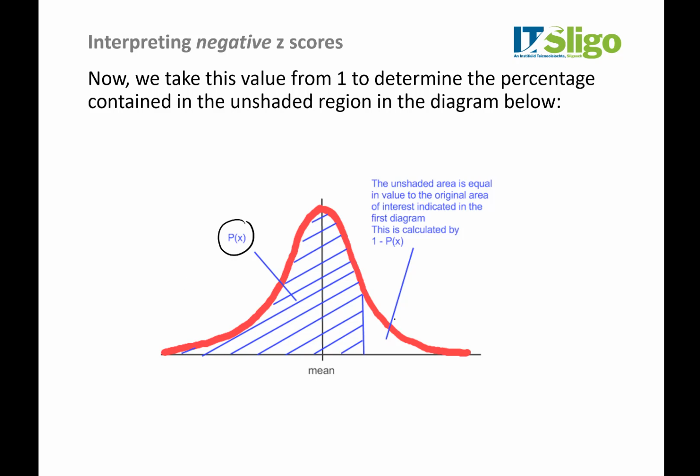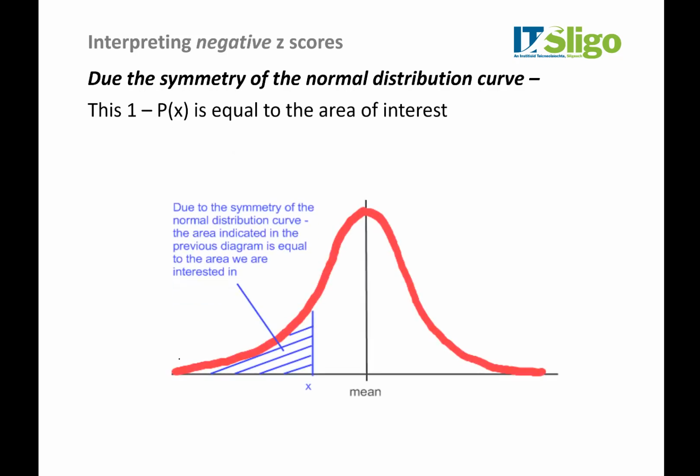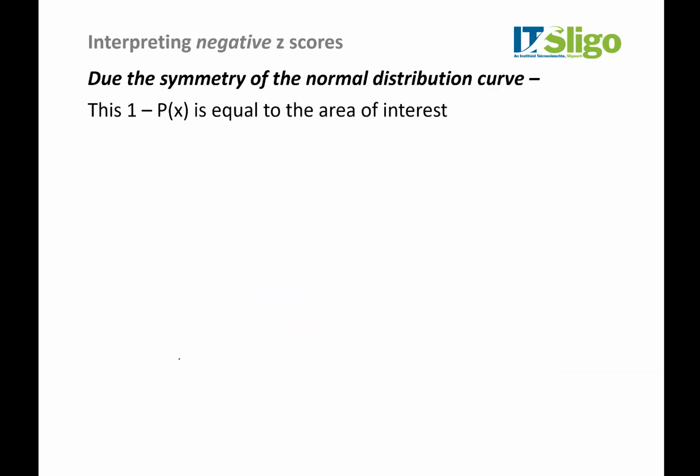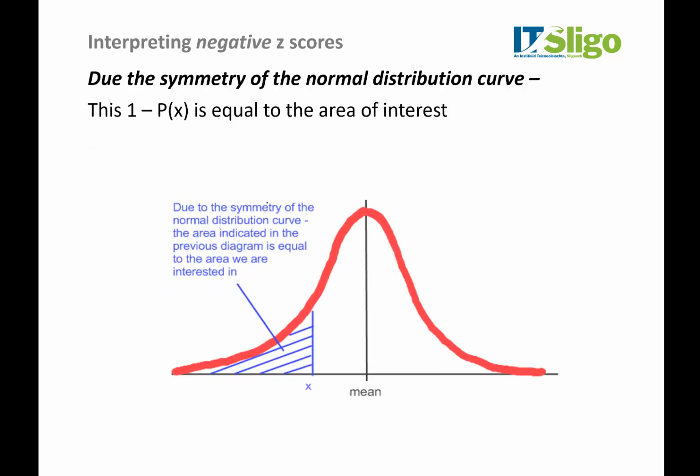So we want to figure out the unshaded area, which is 1 minus px. That's just the probability of x. And then, because of symmetry, as I said, this area is the same as the area of interest from 2 slides ago. So that's all I'm saying there, is just going back. That area here is the exact same as our area of interest here.